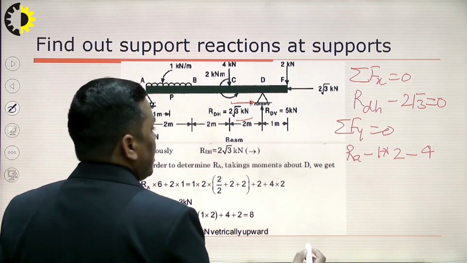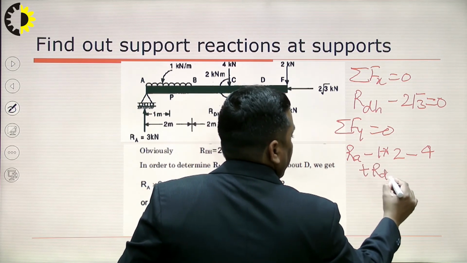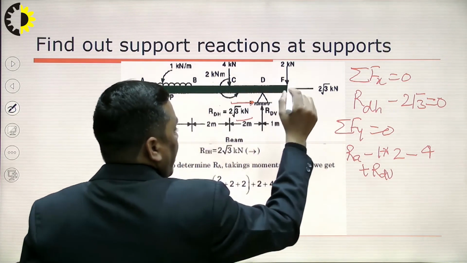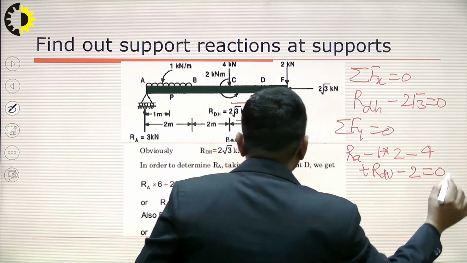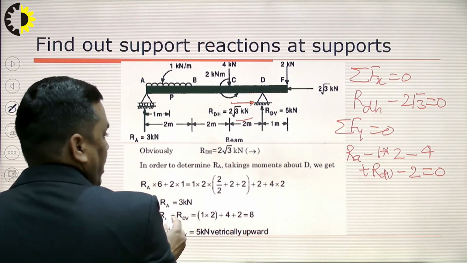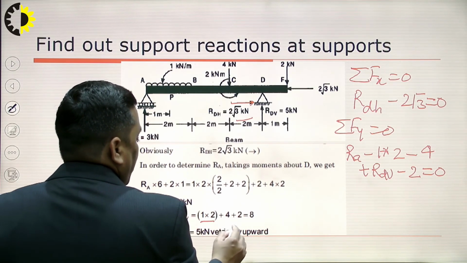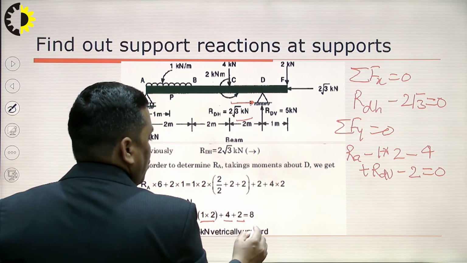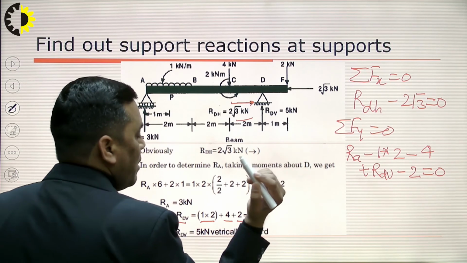At point D there is a vertically upward reaction, so it will be RdV. At point F vertically downward, so minus 2 equals 0. So Ra plus RdV equals 2 plus 4 plus 2, equal to 8. So Ra plus RdV equals 8.